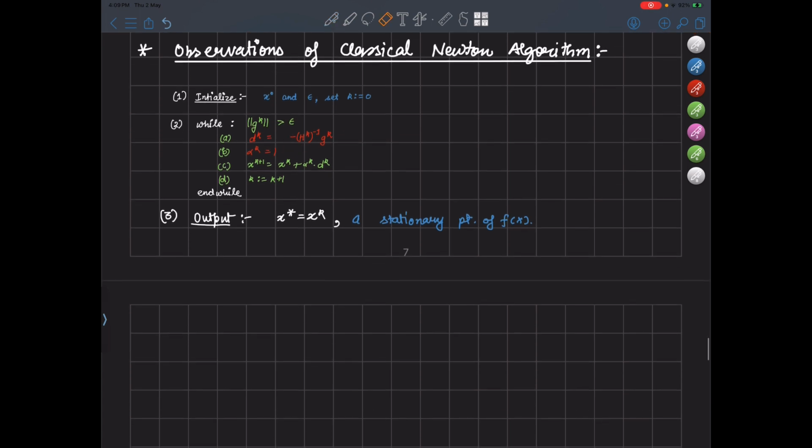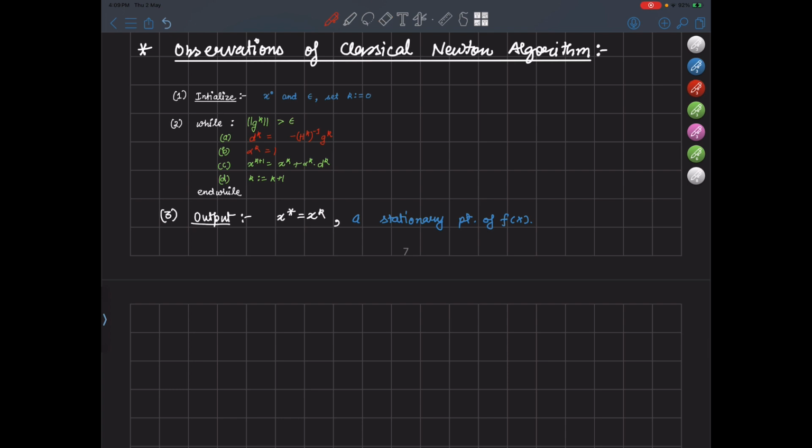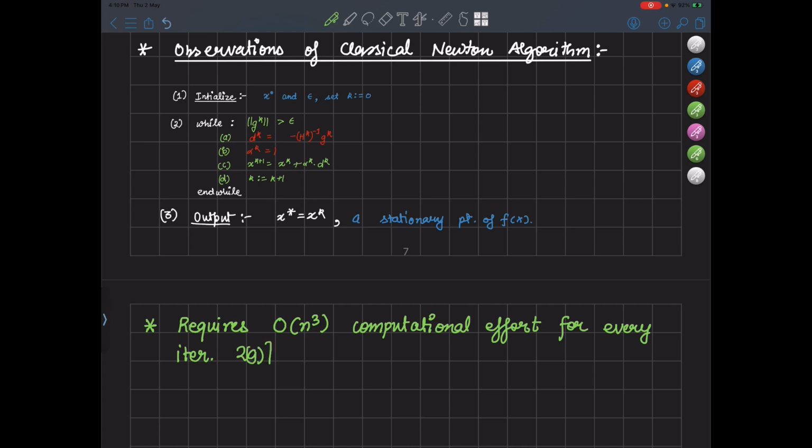Let's try to point out some observations that we have already made. So first thing is, it requires O(n cube) computational effort for every iteration, especially because of step 2a. Basically, that is the calculation of Hk inverse.